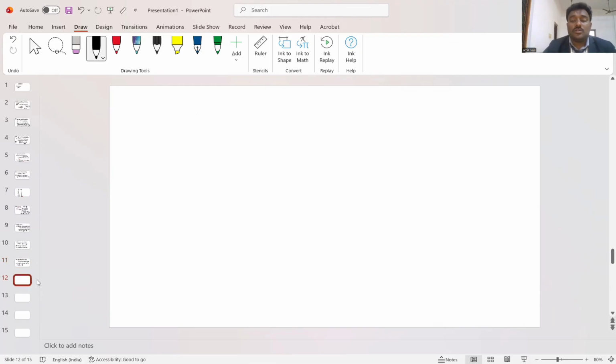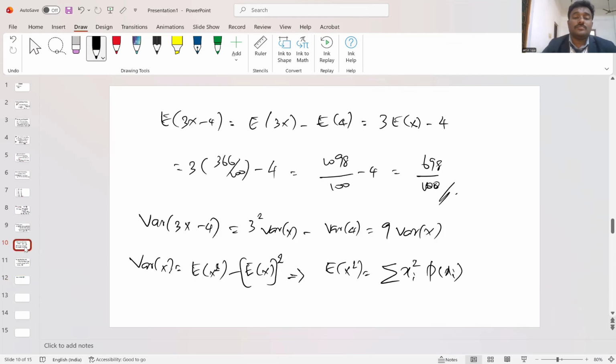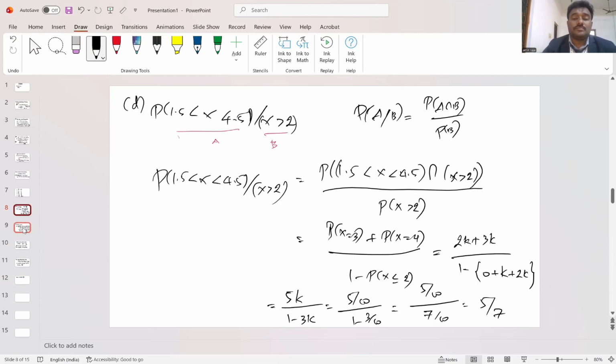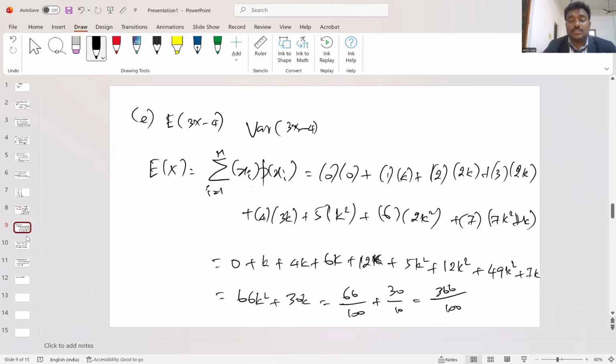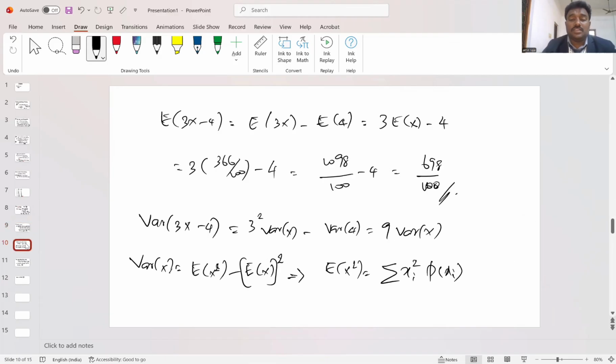Now, the variance of x is the expectation of x square minus expectation of x the whole square. So it is going to be 1680 by 100 minus the square of 366 by 100, right?